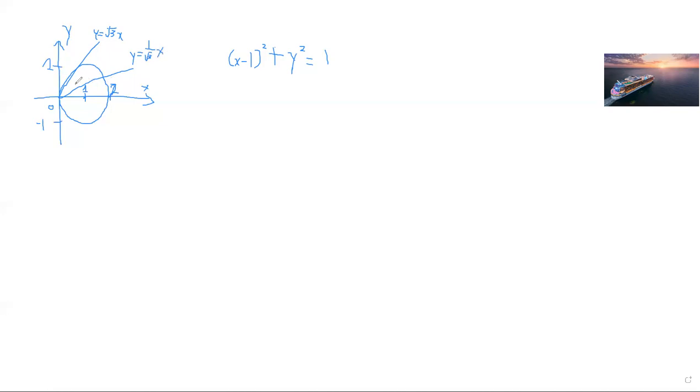Now the question is, can we solve this part, this area that I'm shading in right now, A, using polar coordinates? How do we do this?